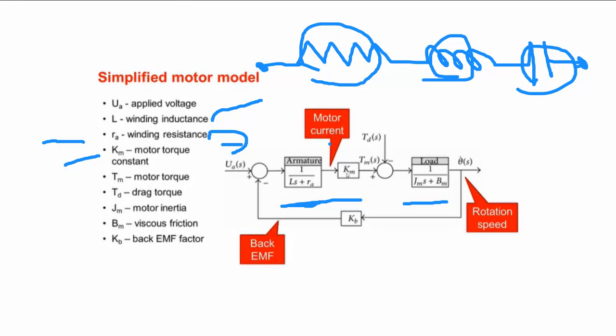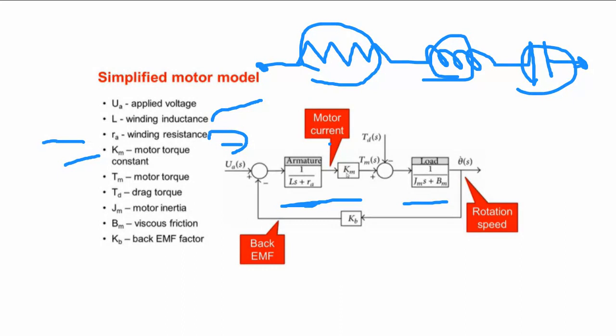I will say something about it in detail. This is a critical parameter. Maybe we can say the torque constant tells us how much torque in Newton meters per ampere. So this turns into a motor torque.